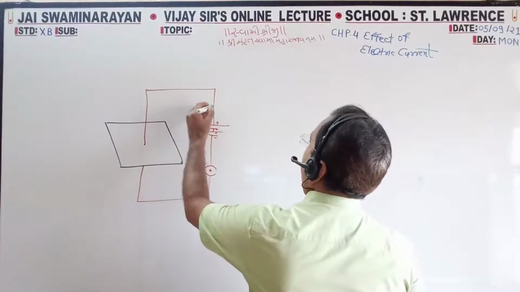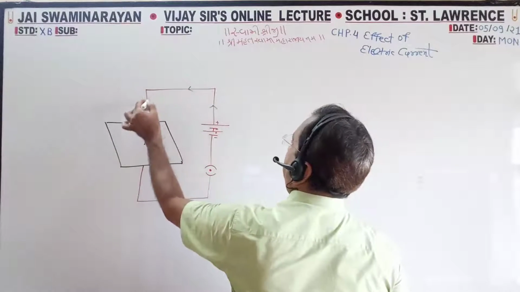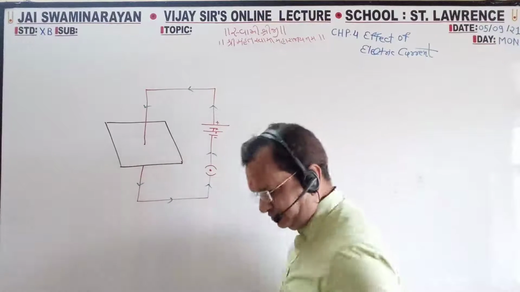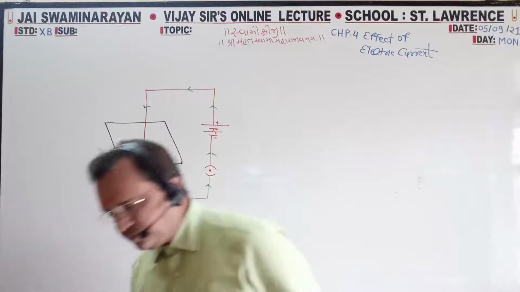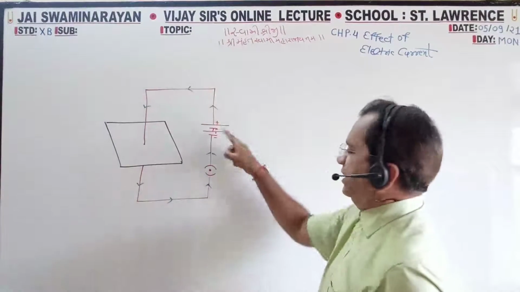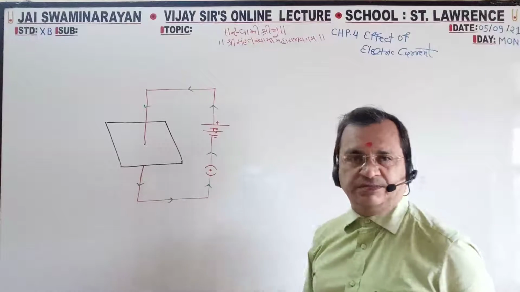Electric current will flow from the positive direction to the negative direction. Correct? See the direction, always from positive to negative. When the switch is on.